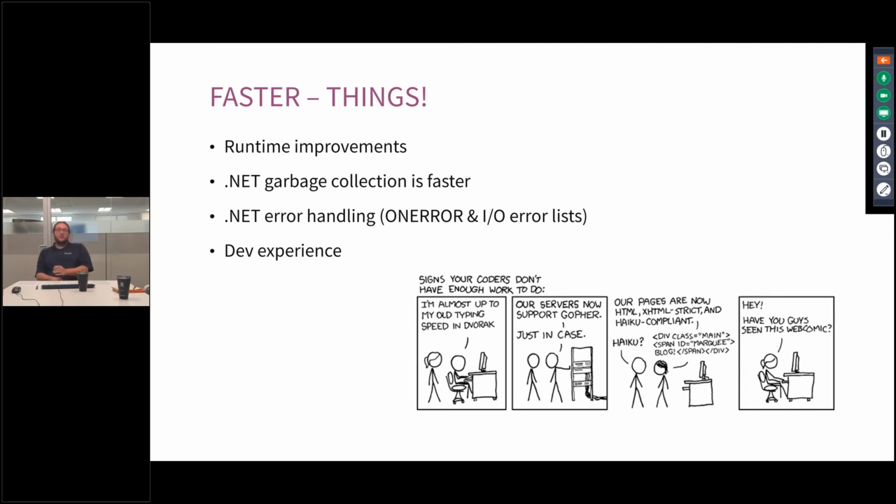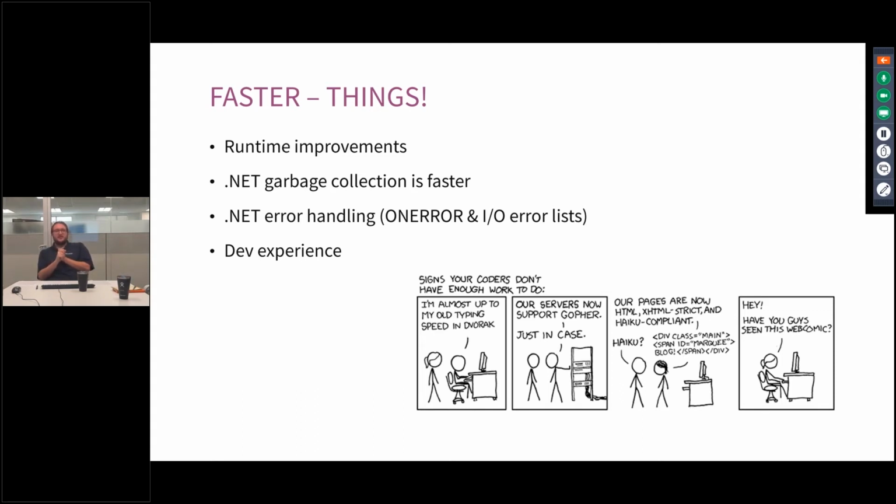And so if you were seeing a difference with those issues arising and the changes that Windows was making, then we're trying to mitigate those changes on our end. And so you do see faster runtime improvements. The .NET garbage collection is much faster, which is nice.